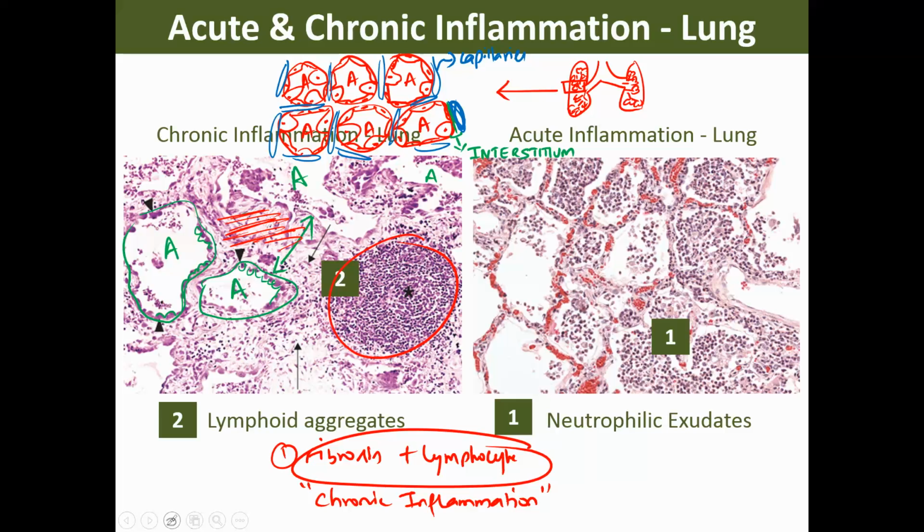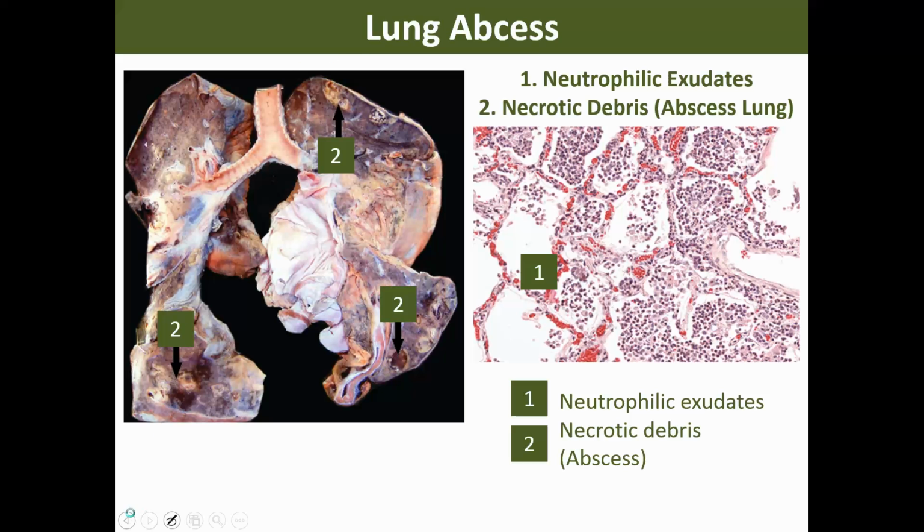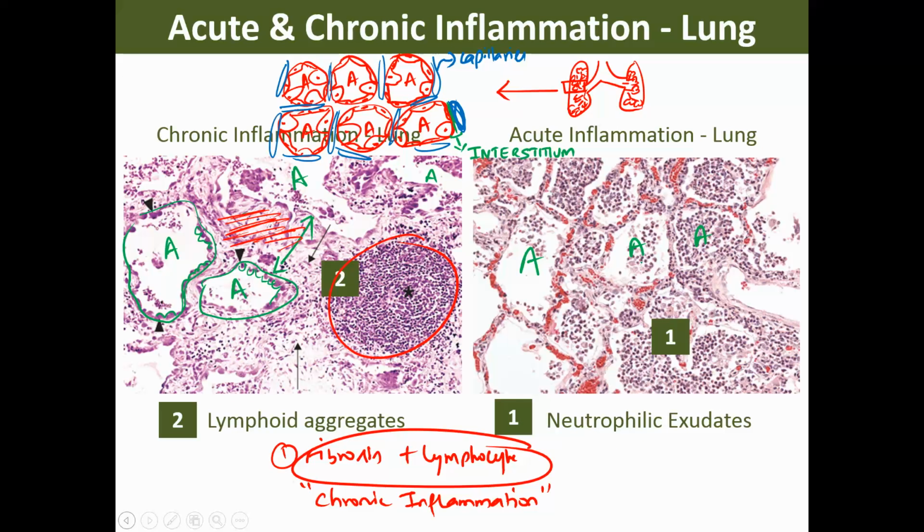Now coming to the next picture, this is also alveoli, and this is also alveoli. The alveoli are very near, and in between the alveoli you are seeing some orange color area.